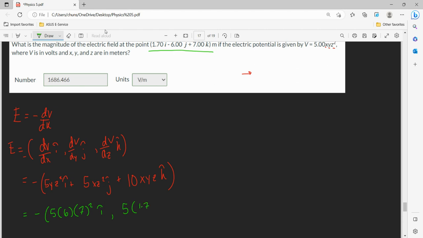Oh, sorry, this is negative 6 times our z squared, our j direction. And this is 10, and our x, our y, and our z.